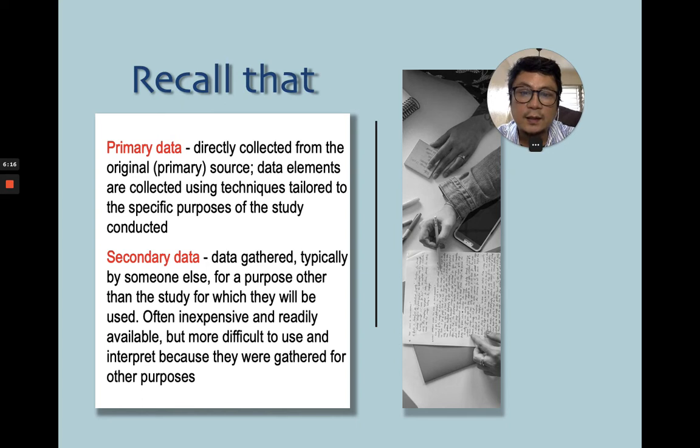Secondary data is data gathered typically by someone else for a purpose other than the study for which it will be used. For example, you might collect data from the Department of Tourism on visitor arrivals to a particular destination, because you need those statistics to make some kind of analysis or conclusion about that destination given your own research problem.